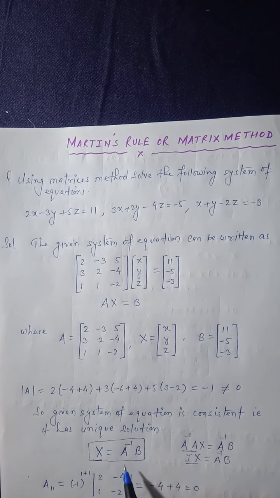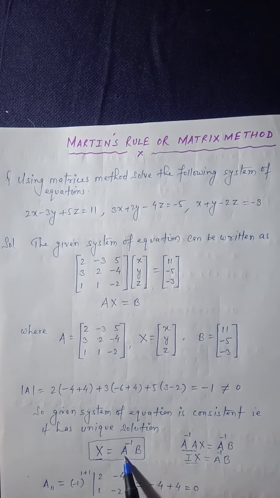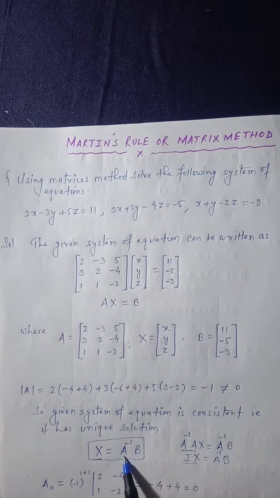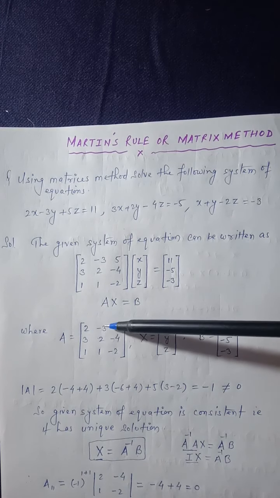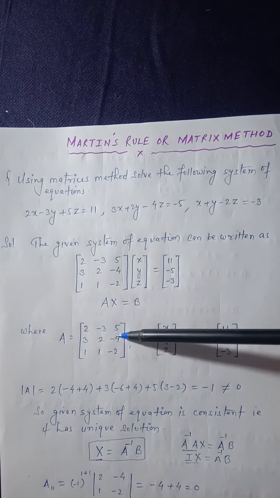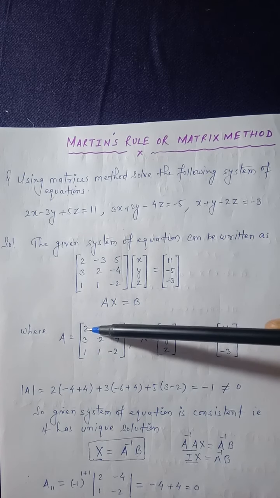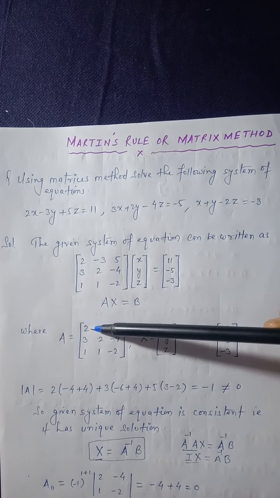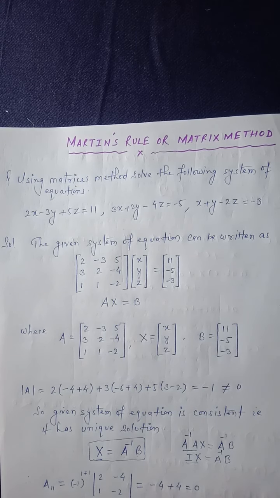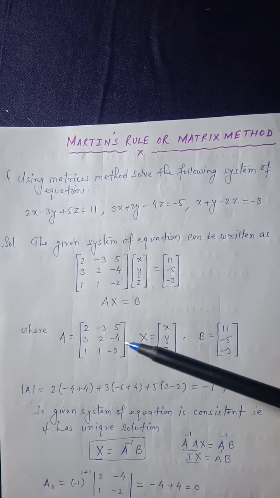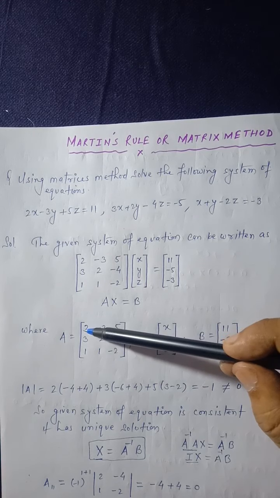So now our first aim is to find A inverse. I hope you already know how to find A inverse. To find A inverse, first of all we have to find the adjoint of A. Now one by one we will find the cofactors of these elements, right? And this cofactor is known as capital A11. This is A12, this is A13. So one cofactor I have shown: capital A11 means we are finding the cofactor of 2.